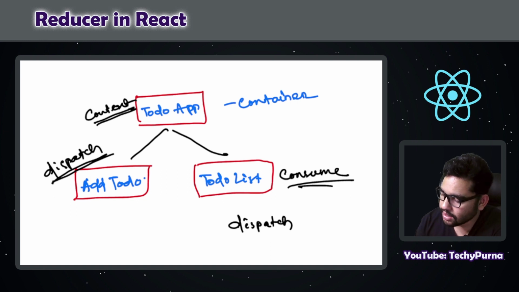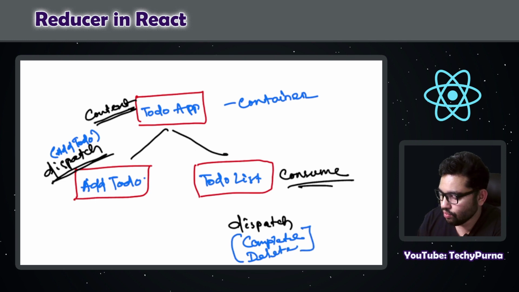So what are the possible actions that we are going to perform here? Here it will be add to-do, and from the to-do list, what are the possible actions? Complete and delete, right? So these are the two actions we will dispatch from to-do list, and the other one is add to-do from the add to-do component.